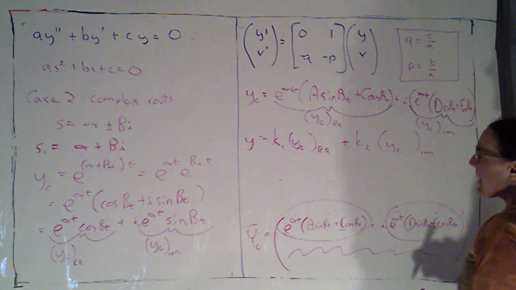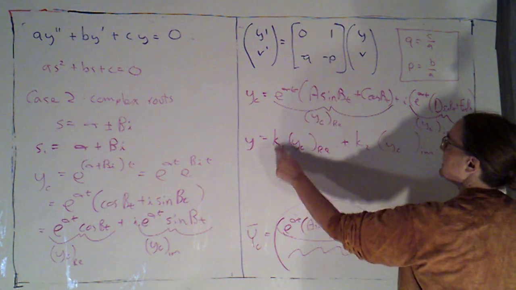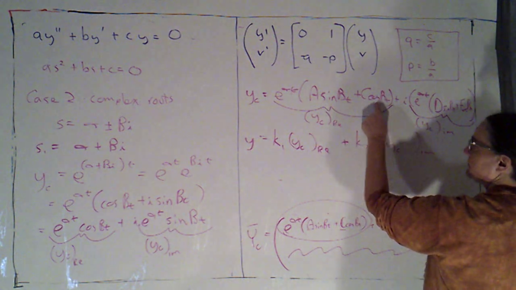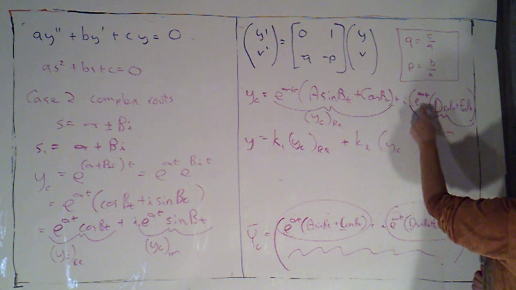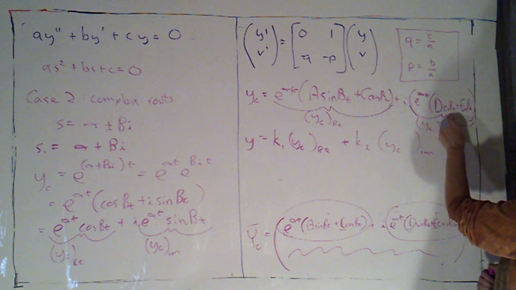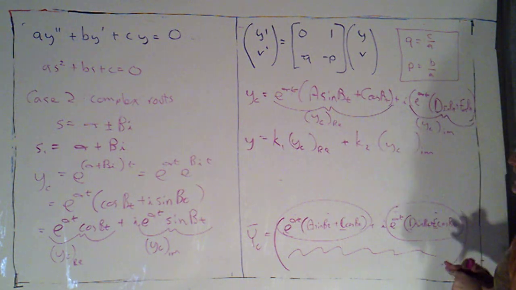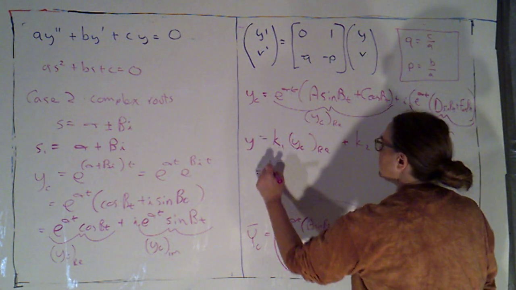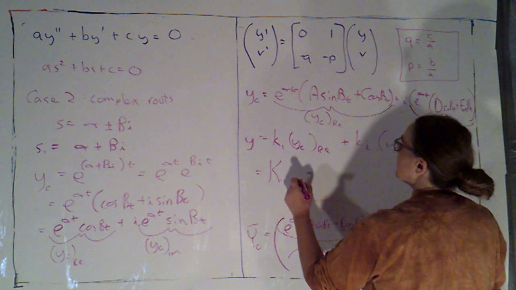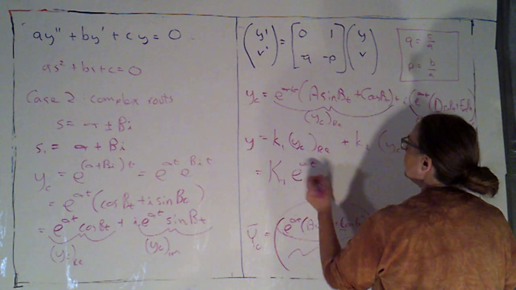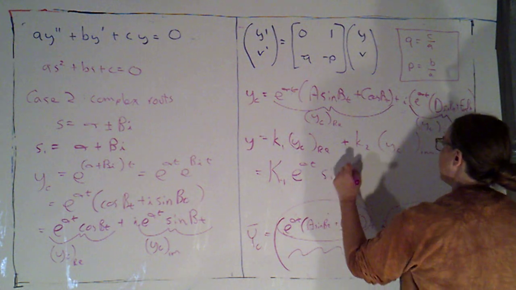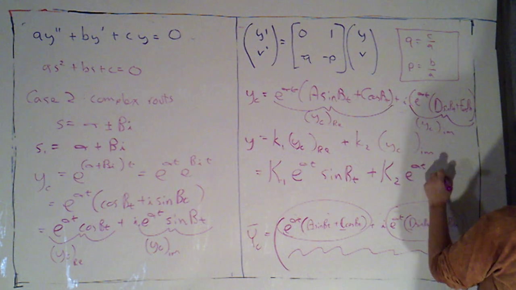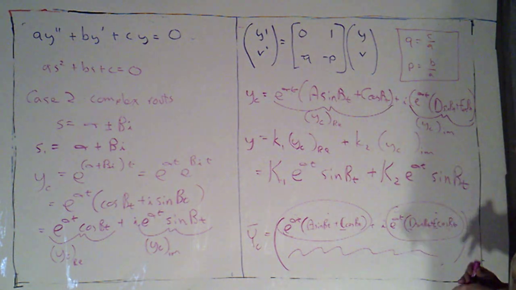But what that's going to amount to is I've got some copies of e to the alpha t times some sines and some cosines, plus some copies of e to the alpha t times some sines and some cosines. If I consolidate, I can say that's some copies, I'm going to switch to capital letters, K1 copies of e to the alpha t times sine of beta t, plus capital K2 copies of e to the alpha t times cosine of beta t.